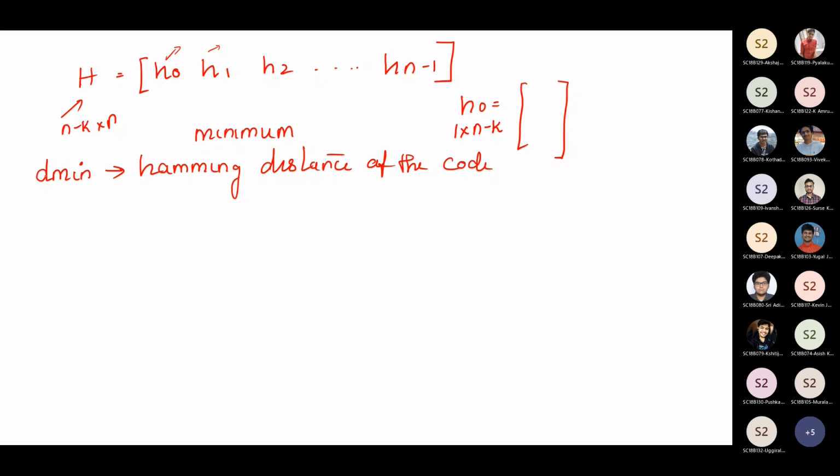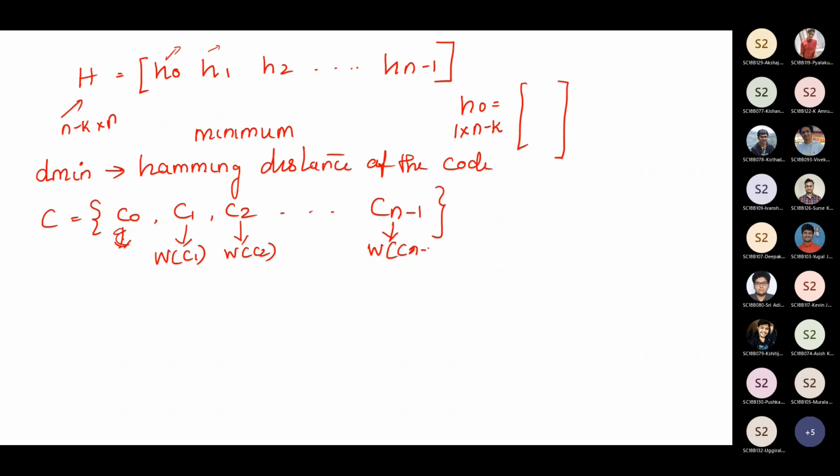Clear, right? Because in the code C0, C1, C2 up to Cn minus 1, how are we finding the d minimum? I am finding the minimum Hamming weight of these, except all 0. So W of C1, what is W of C1? Number of 1s present in the code word C1. Then W of C2, up to W of Cn minus 1.